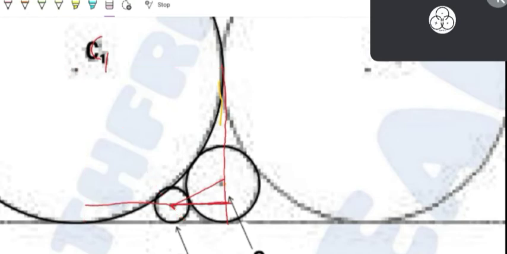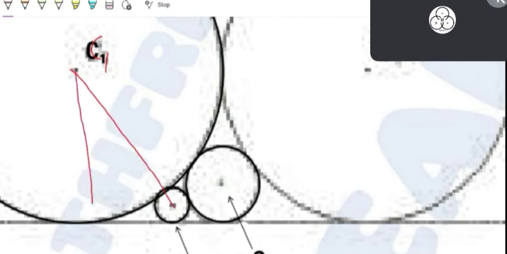Let me draw a clear diagram for you all so that you'll be able to understand what's happening there. This is 360 minus r.